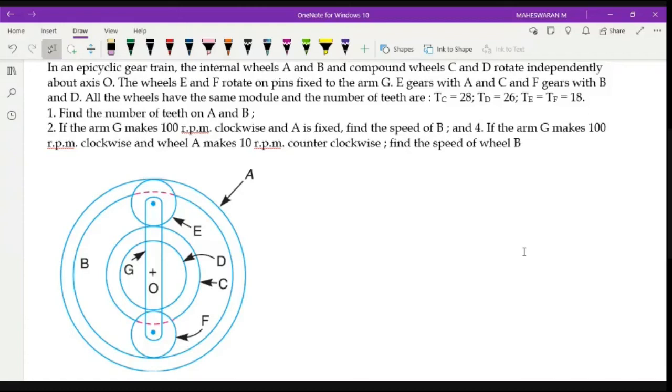Can you identify which one is a compound gear here? E and F. Okay, E and F is a compound gear.